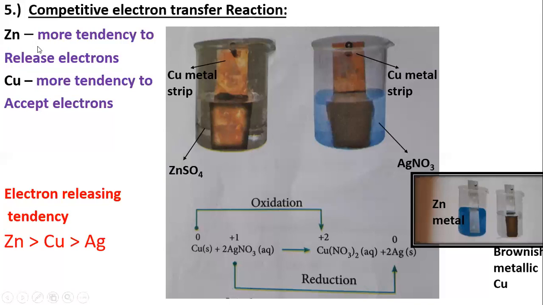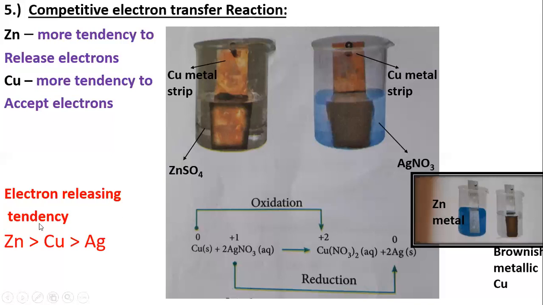Here zinc has more tendency to release electrons, whereas copper has more tendency to accept electrons. So copper's capacity is that it will accept electrons, it only gains. But zinc's property is simply that it will release electrons. So what we expected does not happen, and the opposite takes place.